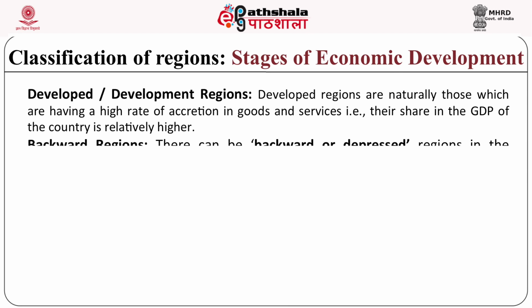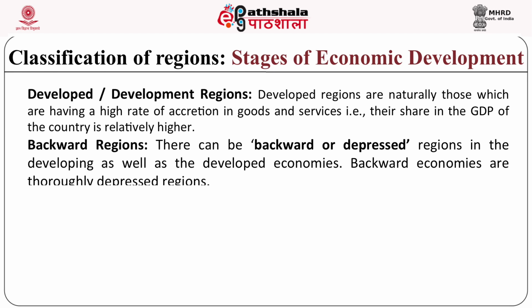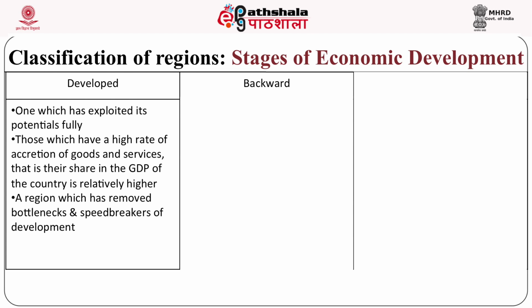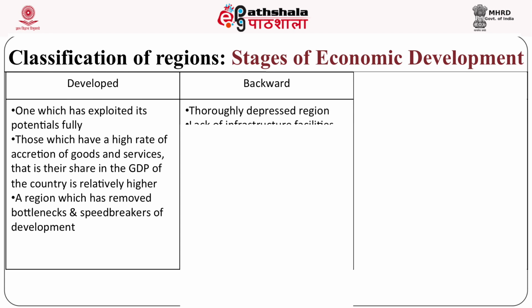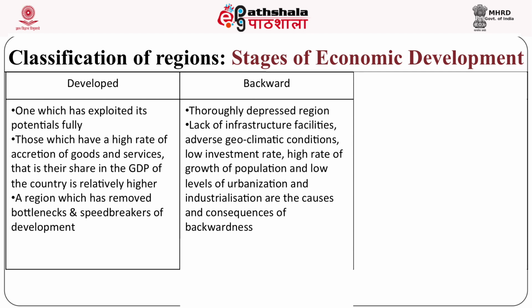Now what are backward regions? Backward regions are characterized by low levels of employment or per capita income, low levels of urbanization and industrialization, lack of infrastructure facilities, adverse geoclimatic conditions, low investment rate, and low literacy level or skill of the population.